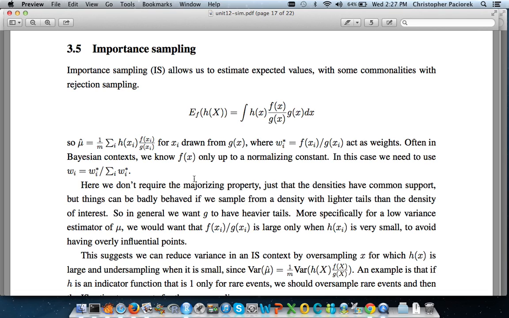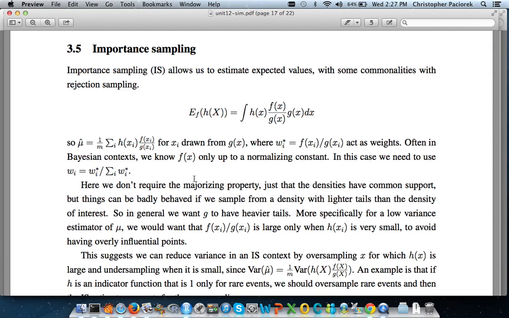Another way that you could think about this is that the variance of my Monte Carlo estimator looks like this. And this is another way of saying, as an equation, what I just said: I'm going to have a high variance for my estimator if this variance is large, and that will occur if I end up having this ratio be large in places where h is non-negligible.